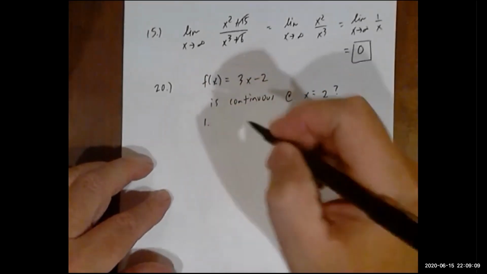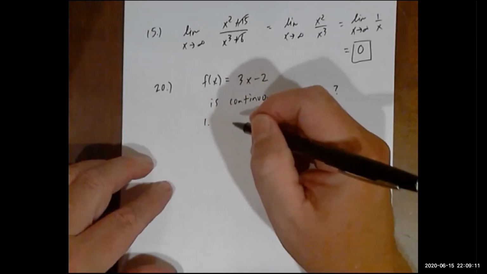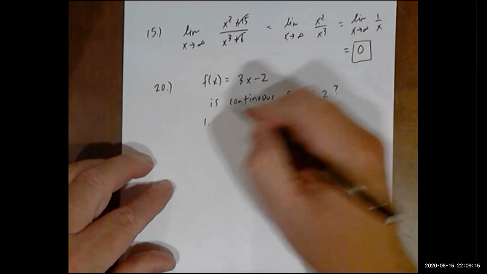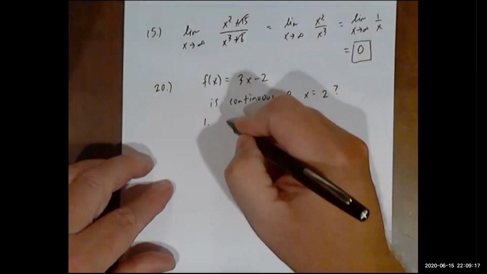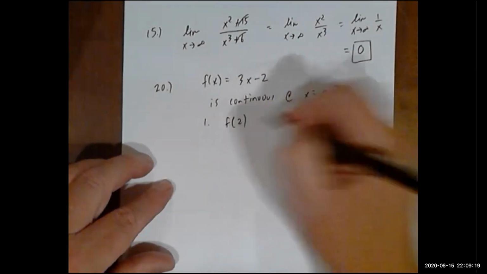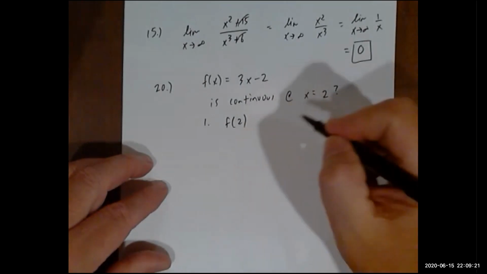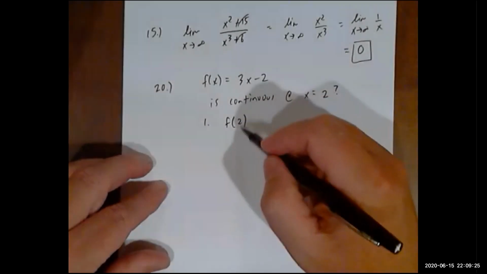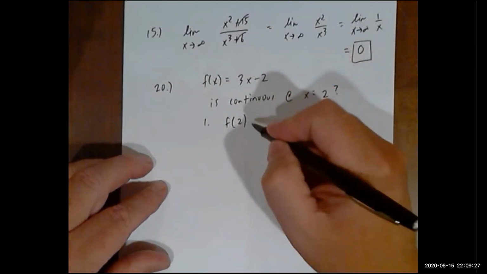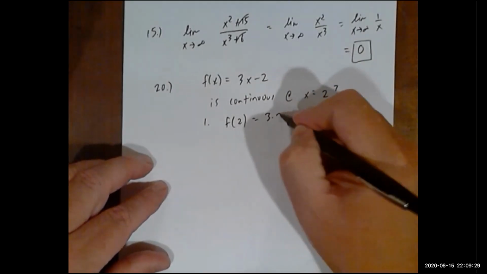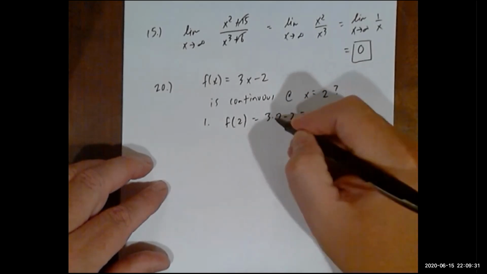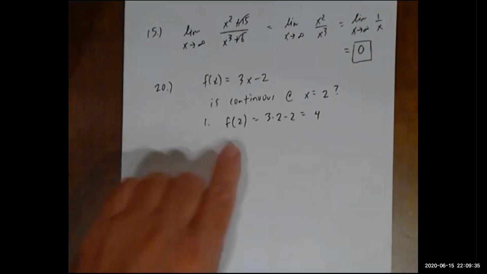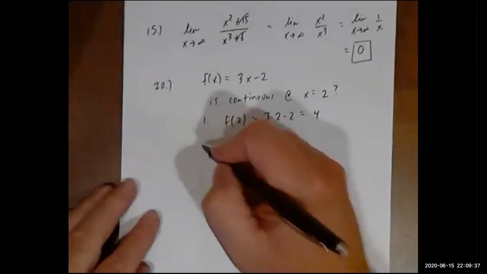The first step is to go ahead and see what the value of the function is at x equals 2. So whatever value of x you're looking at, simply plug it in for x. 6 minus 2. So f of 2 is 4.